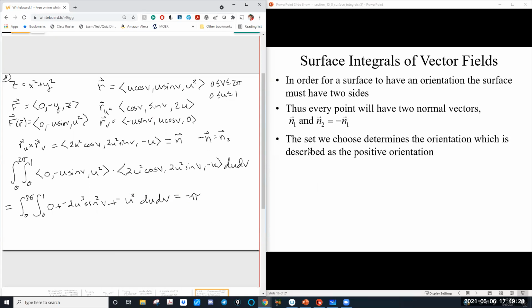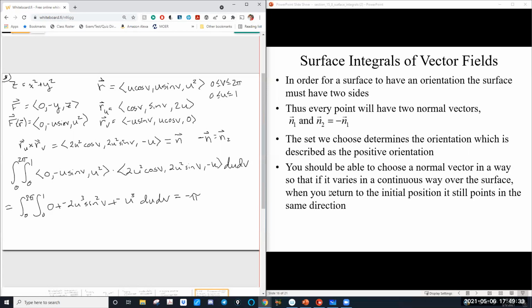And the one we choose determines the orientation, and that's described as the positive orientation. Now, in order for a surface to be orientable, we need to be able to choose a normal vector in a way so that if it varies in a continuous way over the surface, when you return to the initial position, it still points in the same direction.